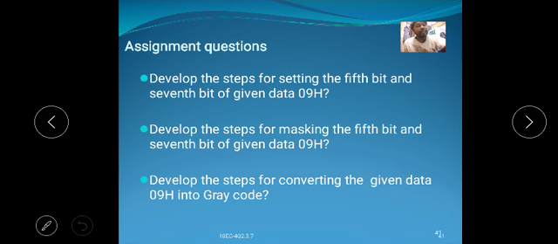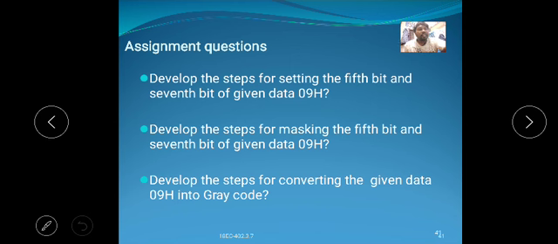The next assignment question is: develop the steps for masking the fifth bit and seventh bit of given data 09H. Develop the steps for converting the given data 09H into the Gray code. The Gray code is already discussed in the digital electronics subject. What is the Gray code? How do we get the Gray code from binary data?